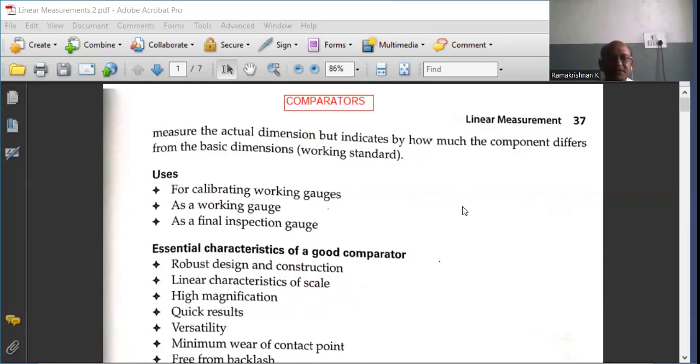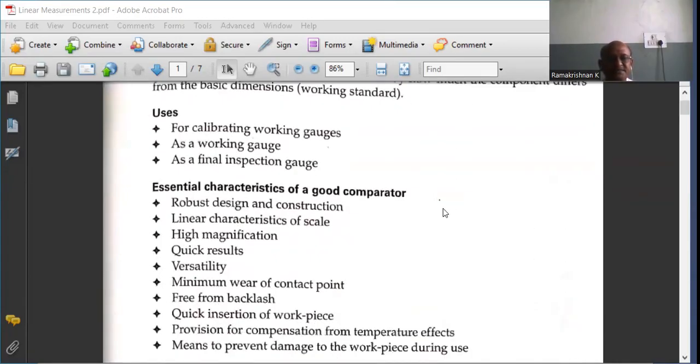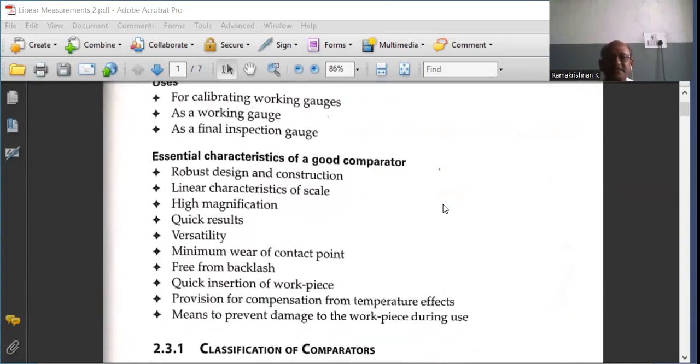Comparators are used as working gauges, for calibrating working gauges, and as final inspection gauges. A good comparator should possess certain characteristics: robust design and construction, linear characteristics of the scale, high magnification, quick results, versatility, freedom from backlash, and quick insertion of the workpiece.